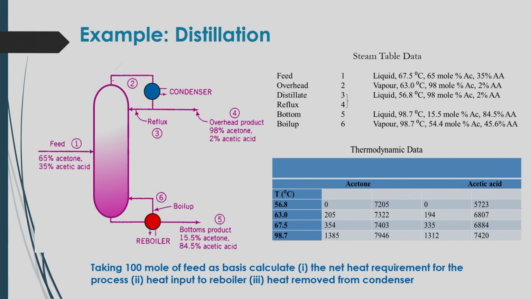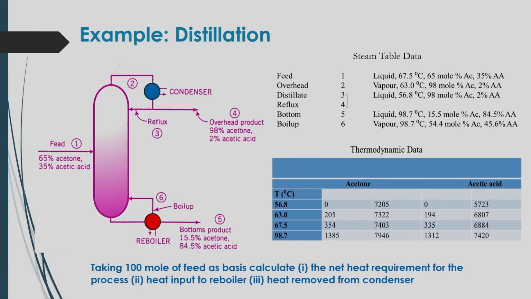Whereas the portion that evaporates, the vapor phase, will come out from the top, and then be sent through the condenser, so that after condensing, the vapor components become liquid. Some amount of that liquid will be sent back to the distillation column as reflux, whereas other portions will be taken out as overhead product, with some percentage of acetone and acetic acid.